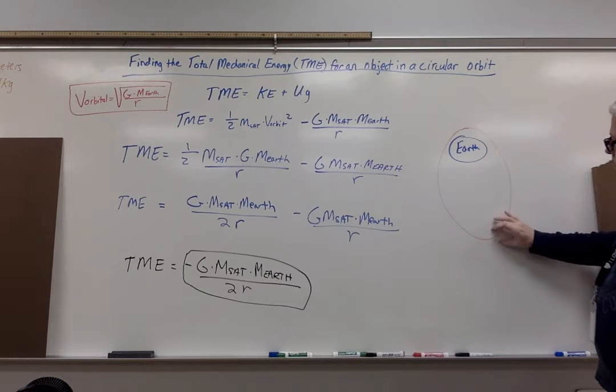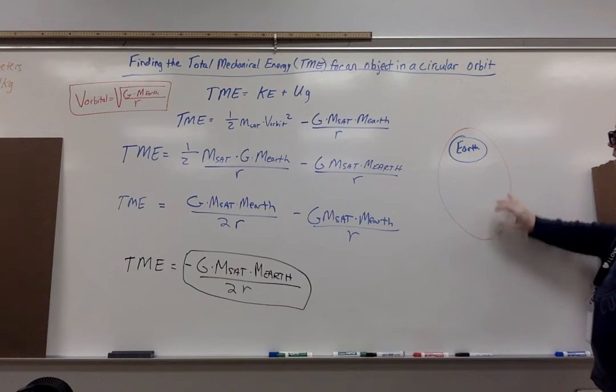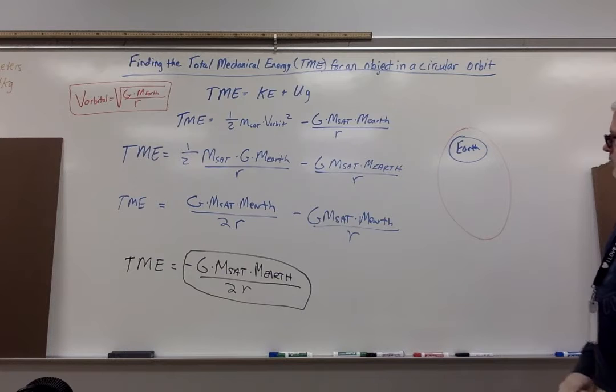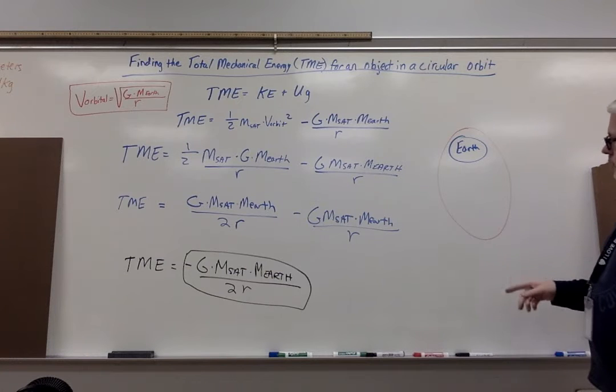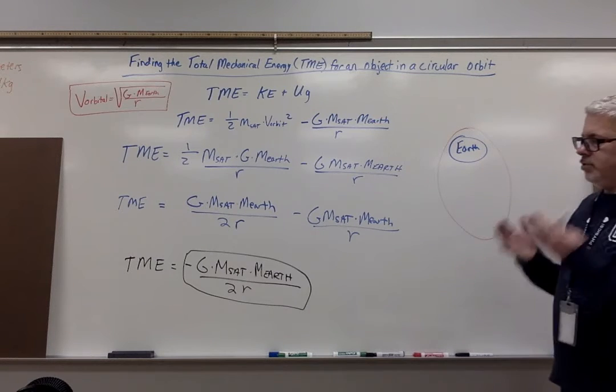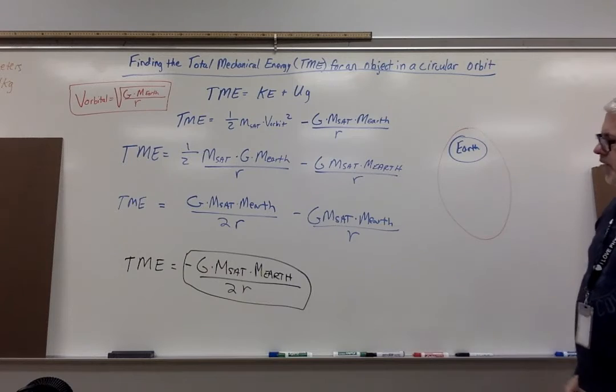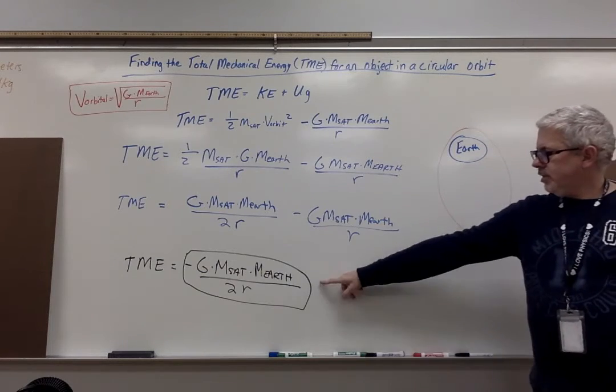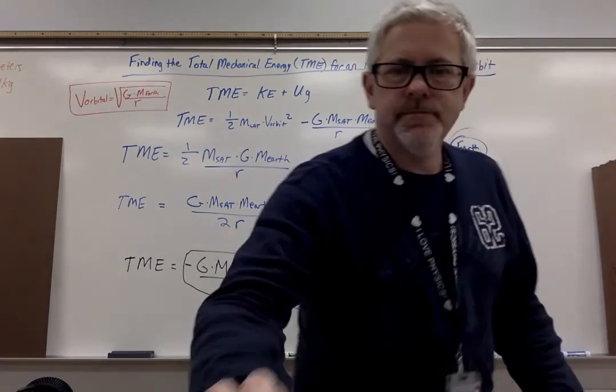So more gravitational potential, less kinetic, more kinetic, less gravitational potential. The total amount of energy for this object in the ellipse would still be the same, but the ratio between those would vary as you're going through this path. For a circular orbit, it's always going to be that.